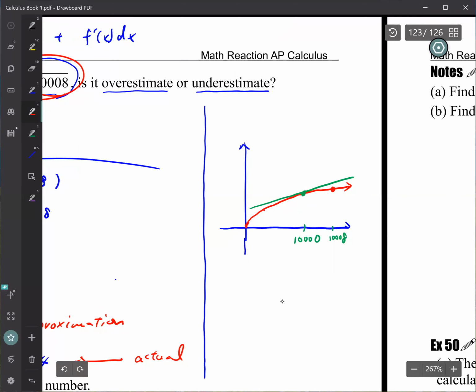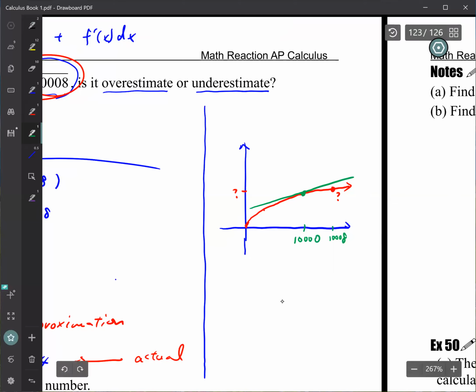That's the question mark, the y value for the red dot. That's what we are doing, right? 10,008 is on the function, but we are using the green line to estimate.